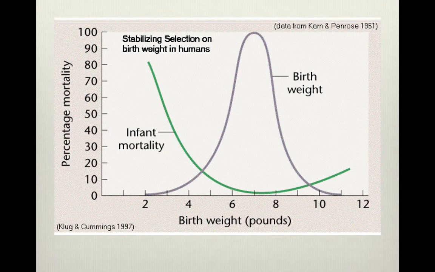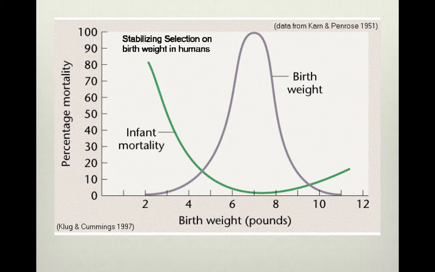We've also seen stabilizing selection on birth weight in babies. Most babies that do well are born between about 6 and 8 pounds. Babies that are born smaller than 6 pounds may have an increased risk of a NICU stay. They face the possibility of higher mortality, particularly as we get to babies that weigh less than 4 pounds.